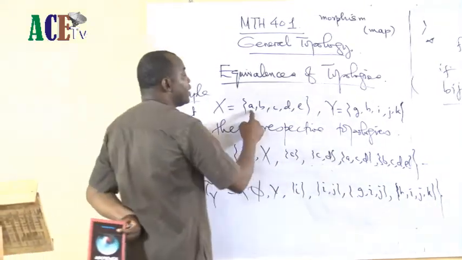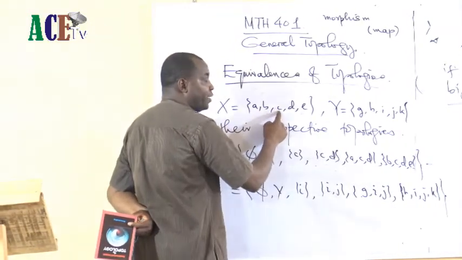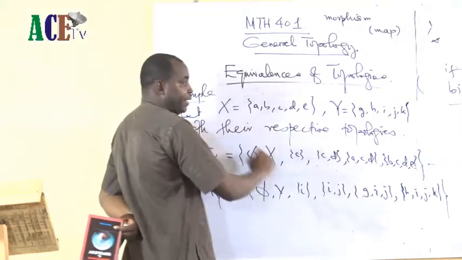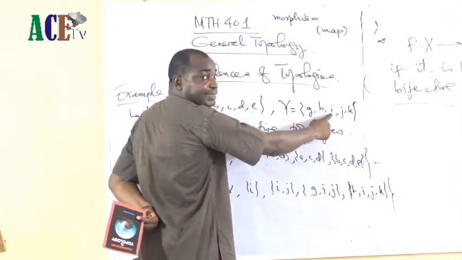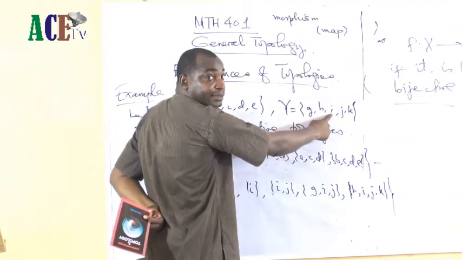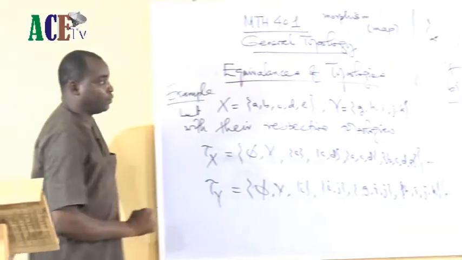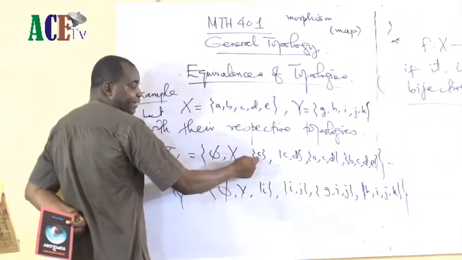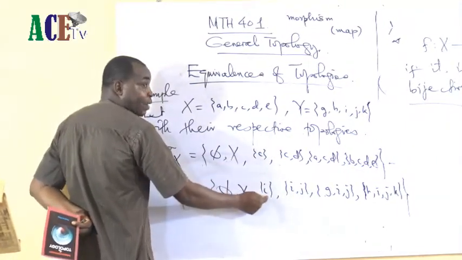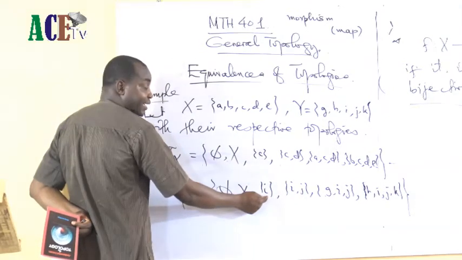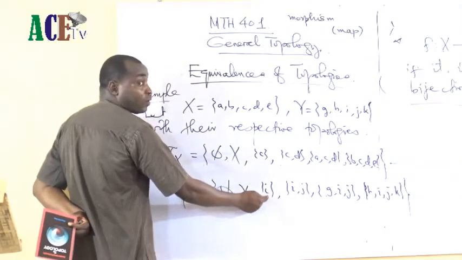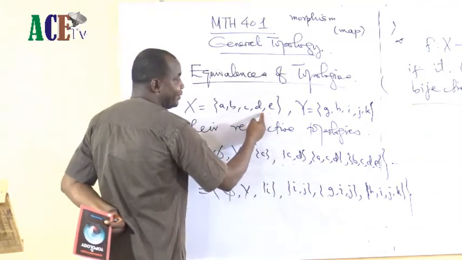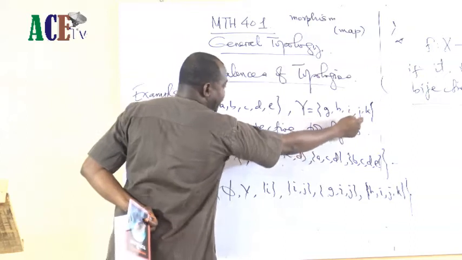The third point inside this set is C, and the third in Y is I. If you look at CD, you also have IJ.